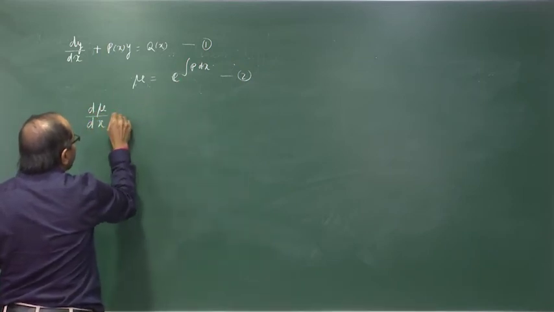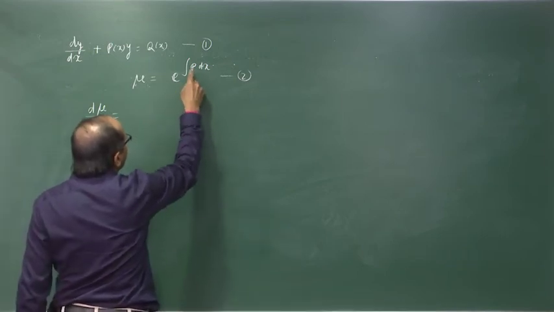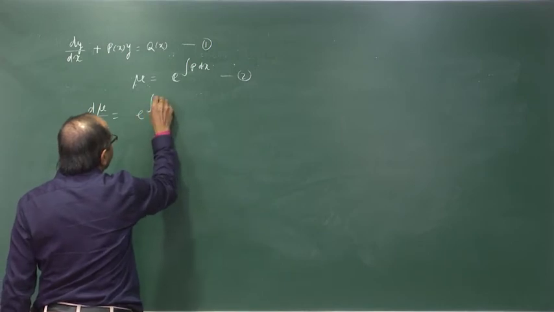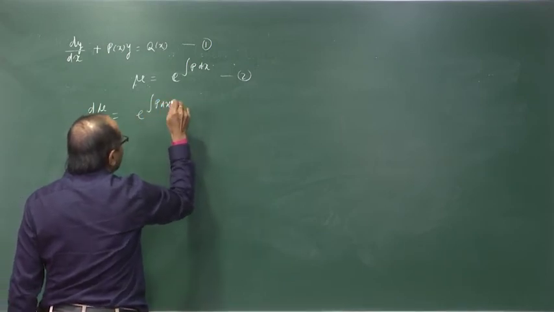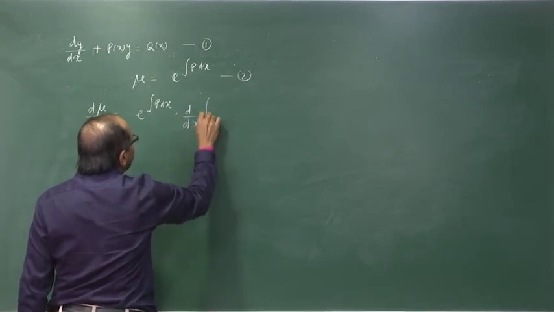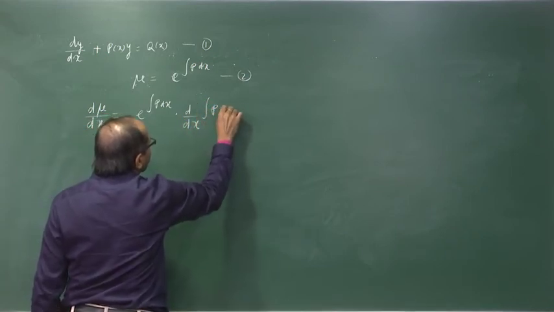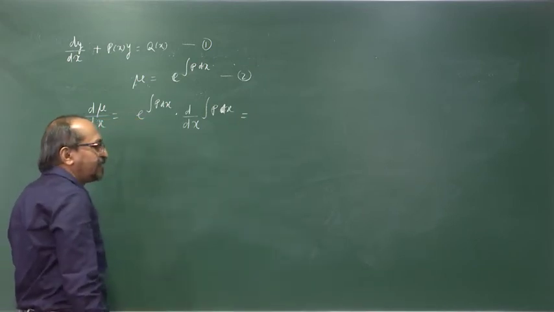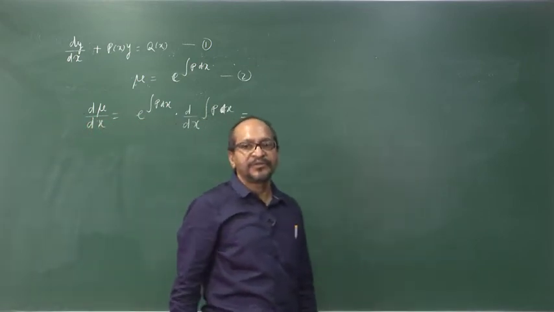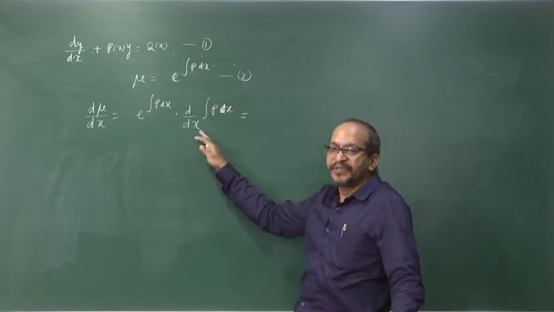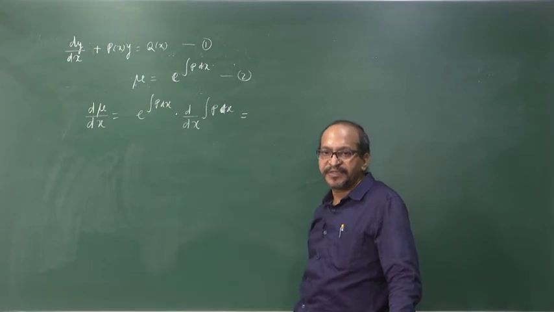dμ/dx. The derivative of e to the power of something with respect to x is the same, e to the power of the integral of p dx, times the derivative of the integral of p dx. And we know integration is the antiderivative, so the derivative of the integral of p is the same function p.